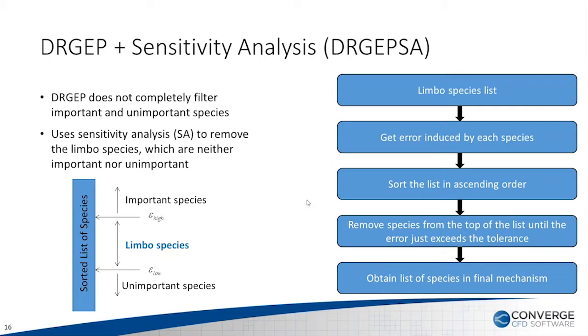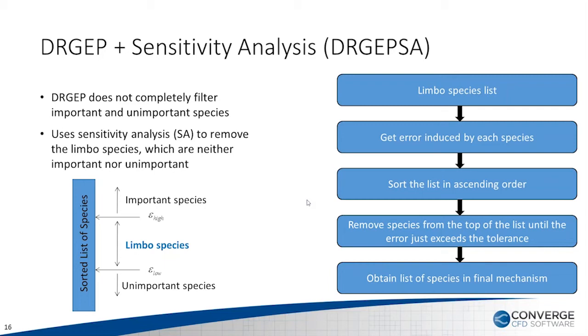The way to do this is we remove each species, calculate the ignition delay, and get the error from removing this species. And we sort all the species based on the errors. Once we have the species list, we start removing species from the bottom of the list, which has the minimum errors.